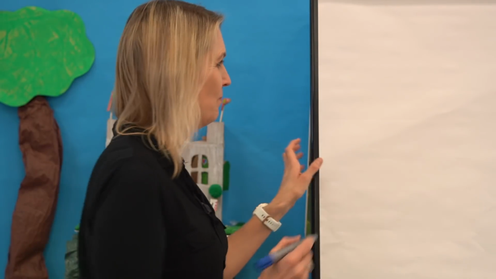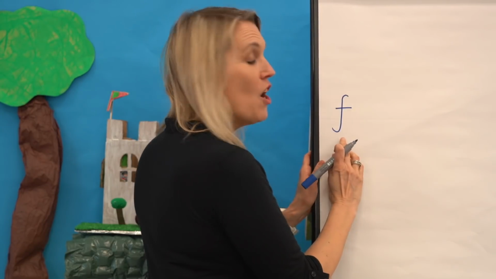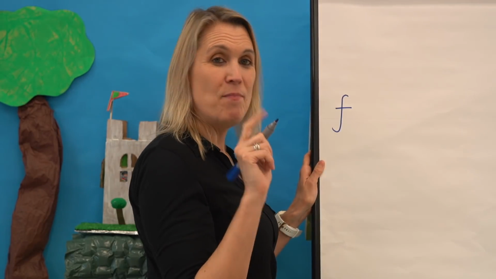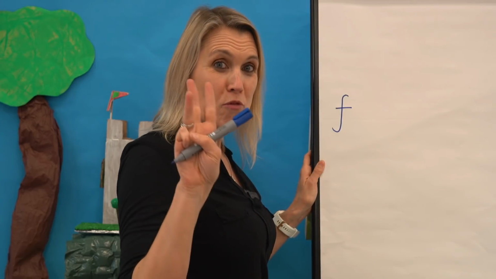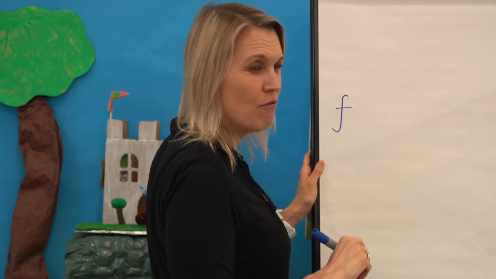Let's count how many sounds there are. Air. That's 2 sounds. Watch me write fair. I need 2 sounds. Air is a trigraph. 3 letters, 1 sound. So I need to write 3 letters.